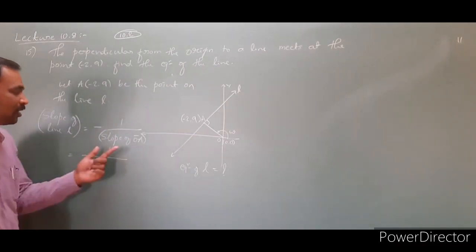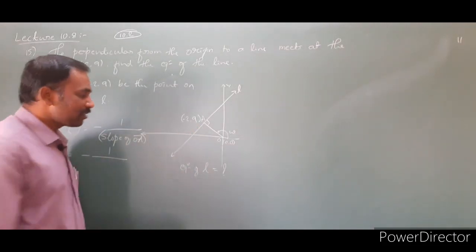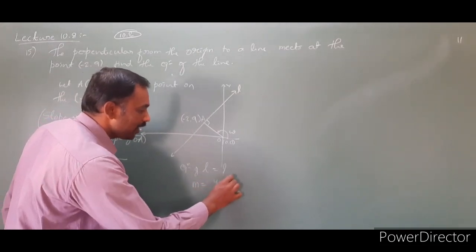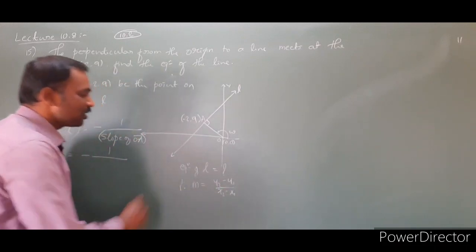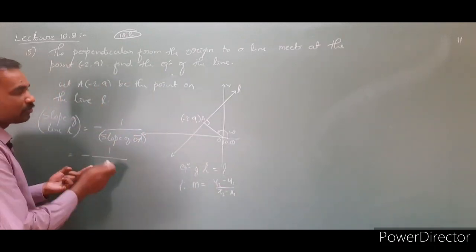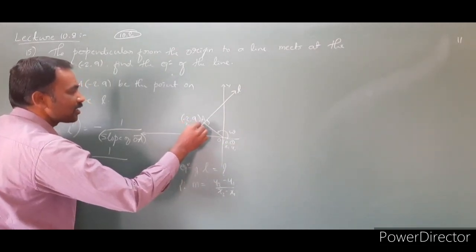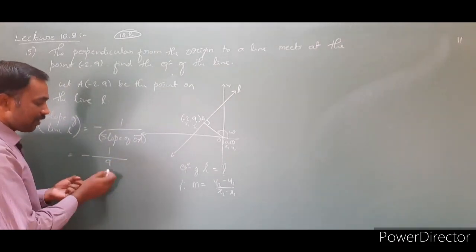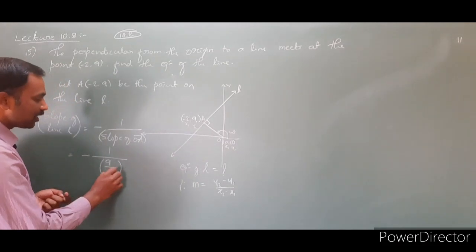How to find the slope of OA? For two points, the slope is (Y2 minus Y1) divided by (X2 minus X1). Taking the origin as (X1, Y1) and A as (X2, Y2): 9 minus 0 divided by minus 2 minus 0, that is minus 2.